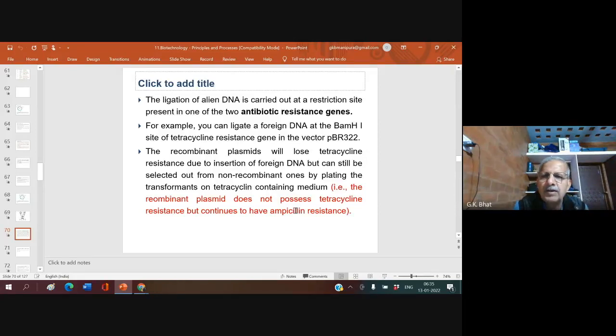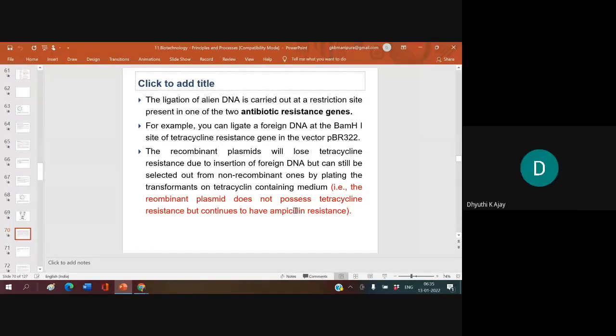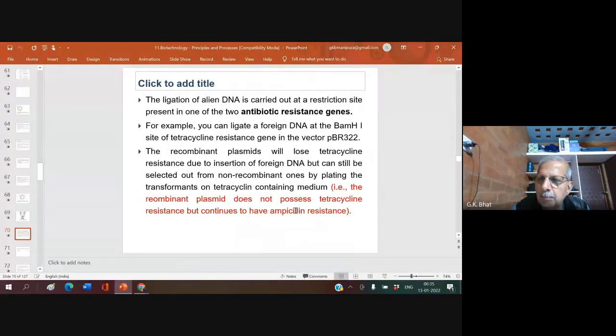There are two antibiotic resistance genes. One is the ampicillin resistance gene. Another one? Tetracycline. Now, you have added this piece of DNA to which area? Tetracycline resistance gene. So what has happened? That particular plasmid with the gene of interest ligated to tetracycline loses the power of resistance.